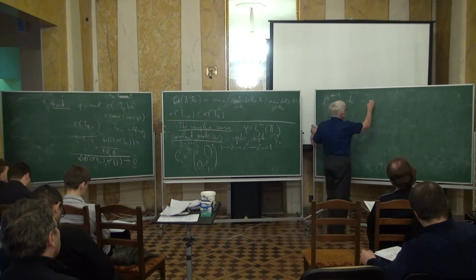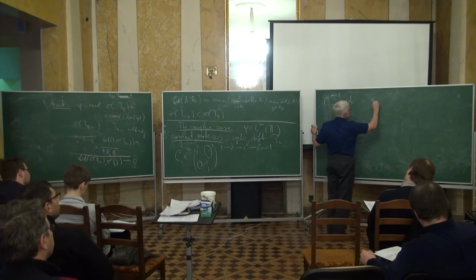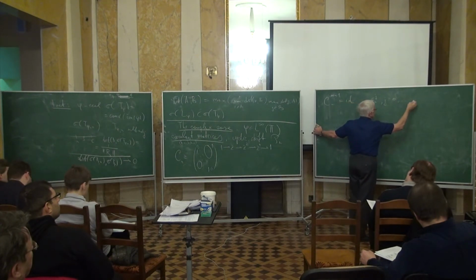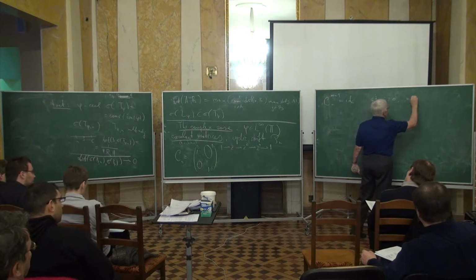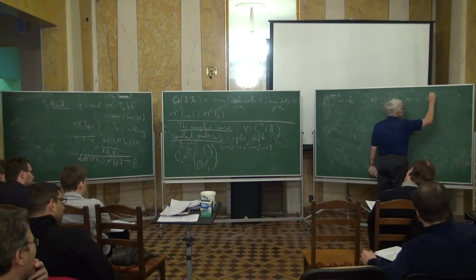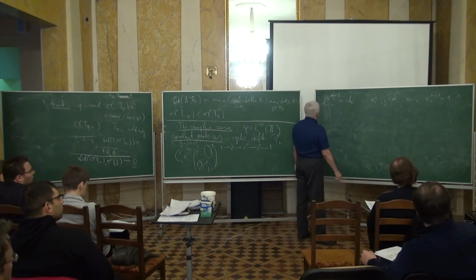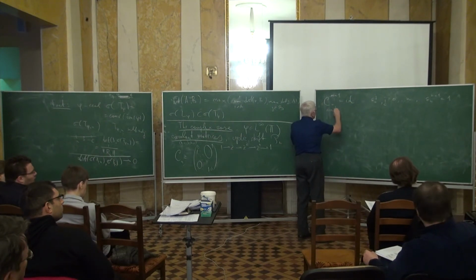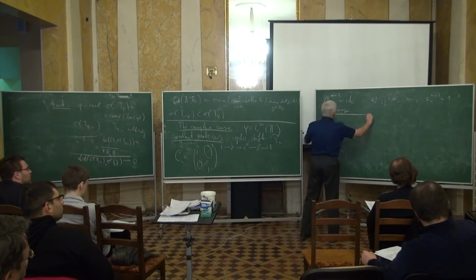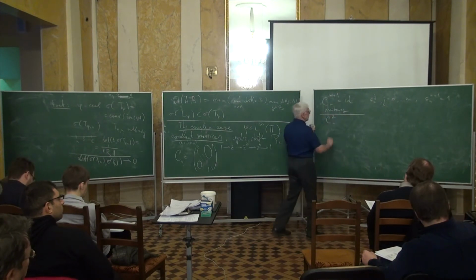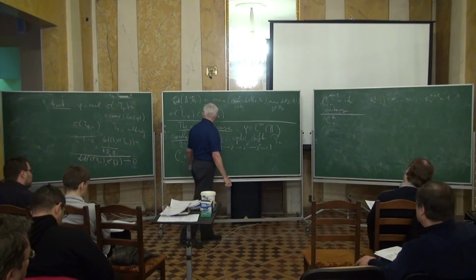So the eigenvalues are epsilon j, the roots of unity, with epsilon to the n plus 1 equal to 1. And so unitary. And if we consider Cn squared, say, what happens?